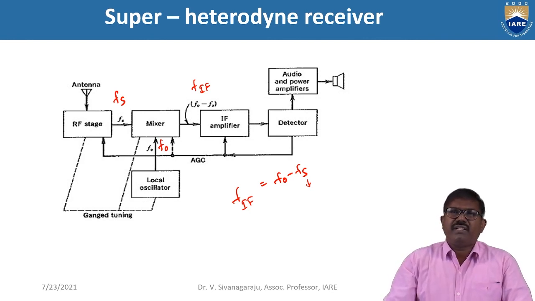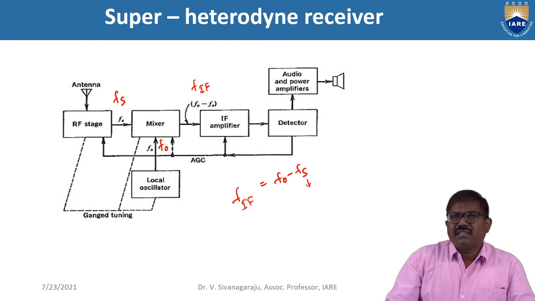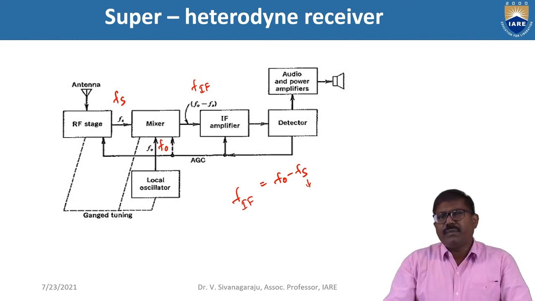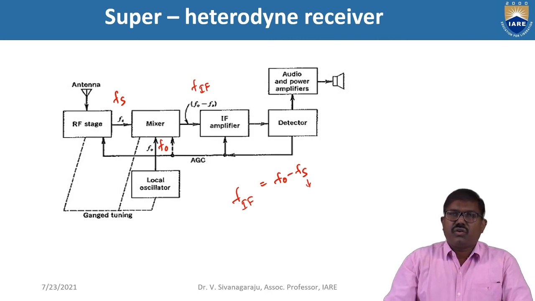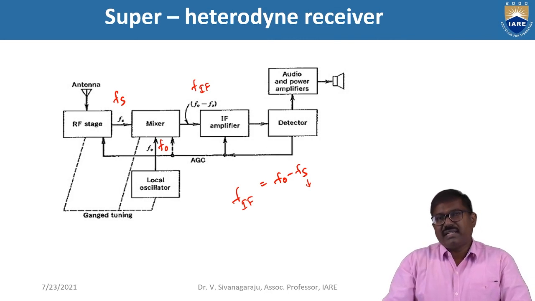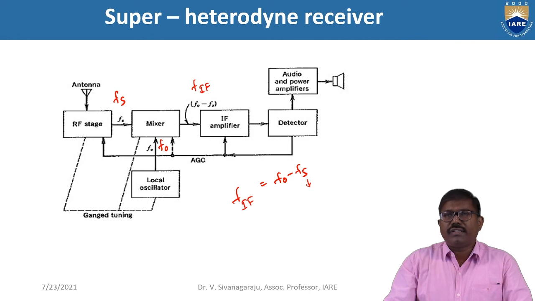So the IF is fixed. What changes? The signal frequency may change, and according to the signal frequency range, F0 changes.